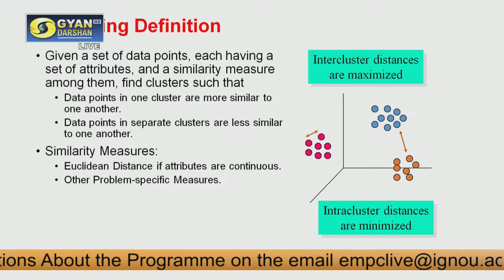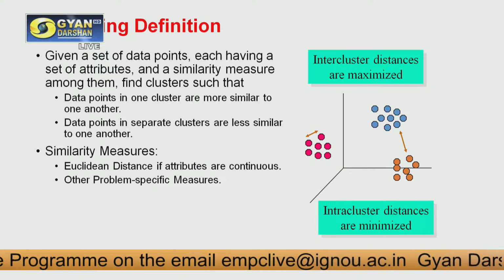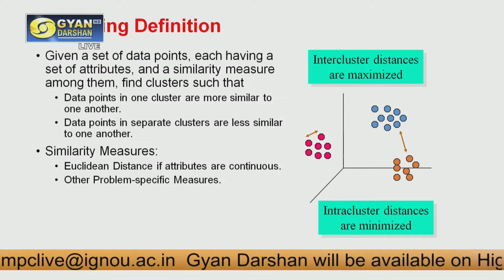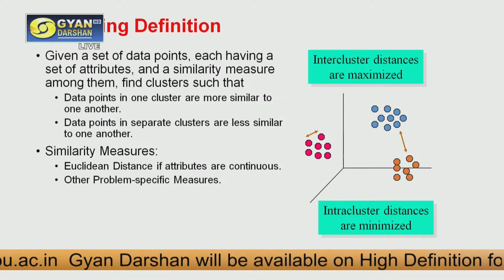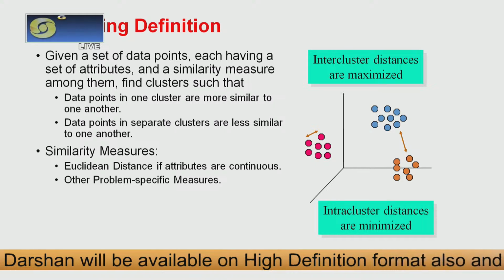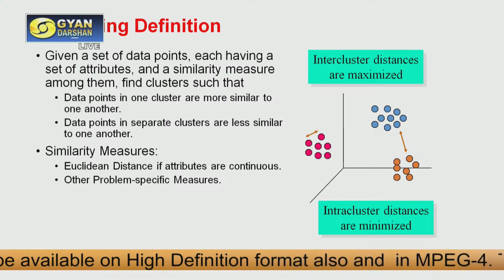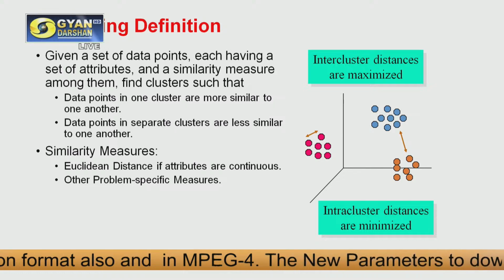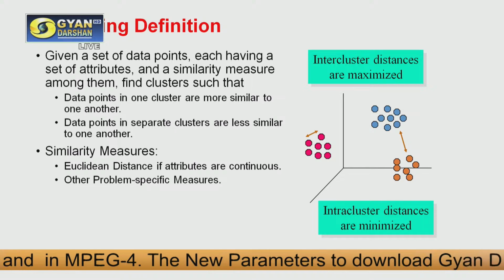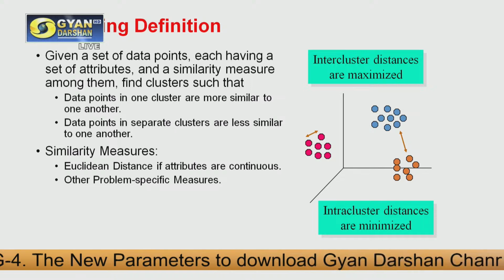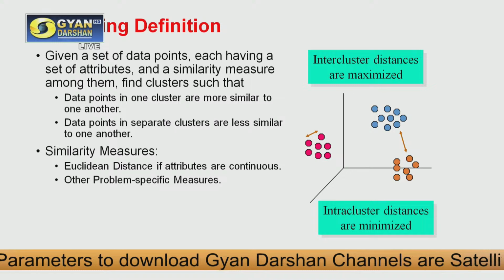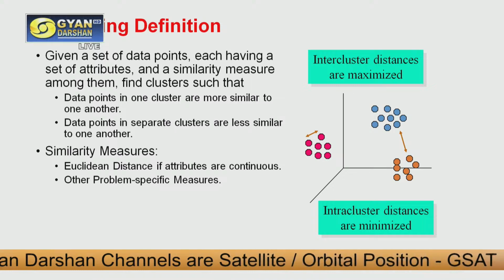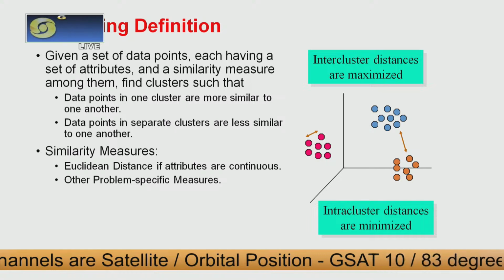Now let's understand the same thing with the help of this diagram. I have shown that the interclass distances are maximized. When I say interclass distances, I'm talking about the different clusters, right? And when I say intra-class distances are minimized, that means within the clusters. You can see I've shown in the red clusters one bidirectional arrow, and they are very close to each other.